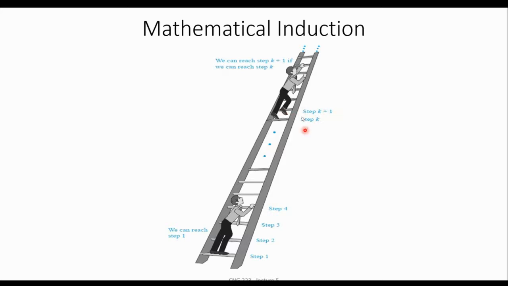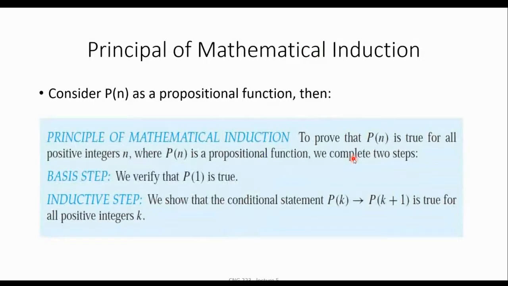If this is true, it means that I have an initial step and I can reach from k to k plus 1 anywhere in this series of steps, then in that scenario I can reach any step that I want inside this infinite number of options. So that's the idea about mathematical induction. Instead of checking infinite numbers, just by considering this method, you can solve many problems.